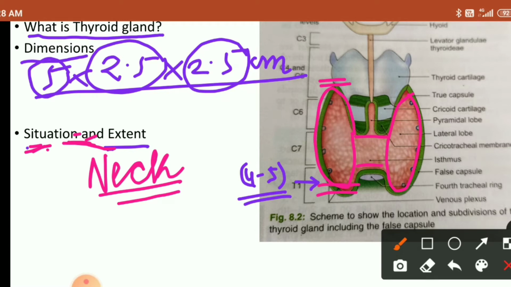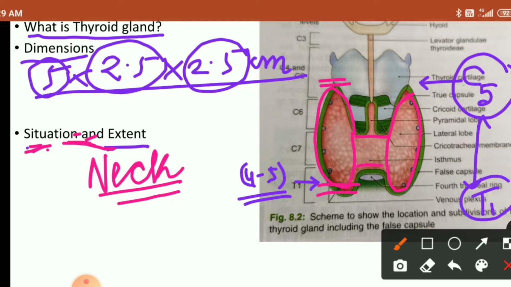Now we come to the extent in terms of the vertebral level. So what will be the extent? Remember that it starts from C5, fifth cervical vertebra, to T1, that is first thoracic vertebra.